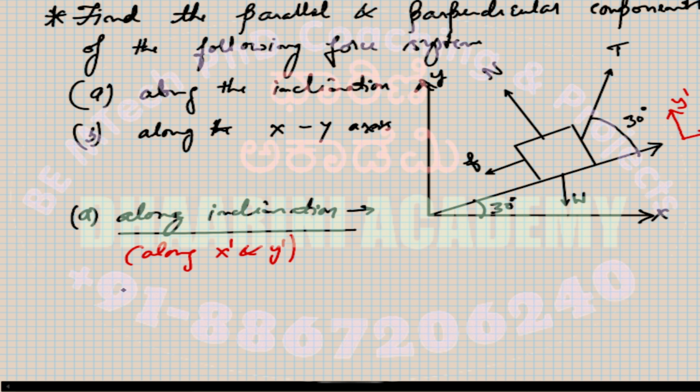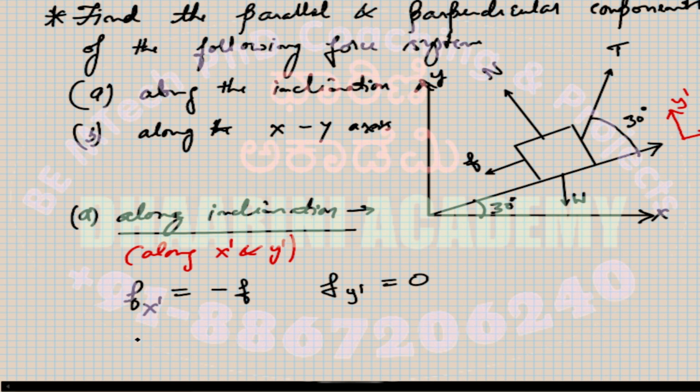So what is the component of F along x dash? F x dash is equal to minus F, since it is along the negative axis. And F along y dash is equal to 0 because it has no component along the normal. That's the first part. You have to do this for each and every force.